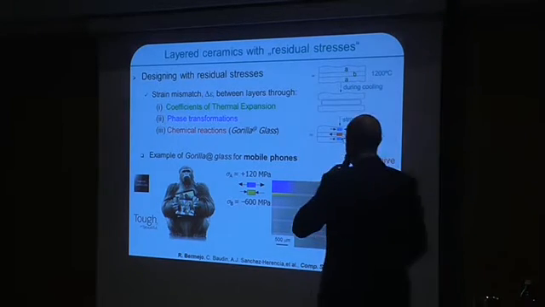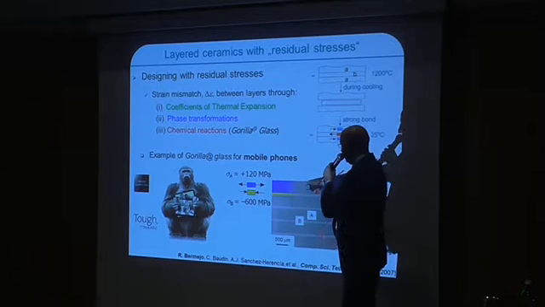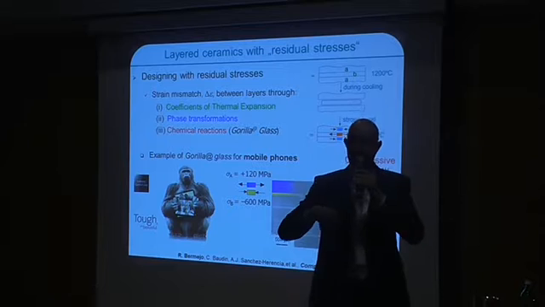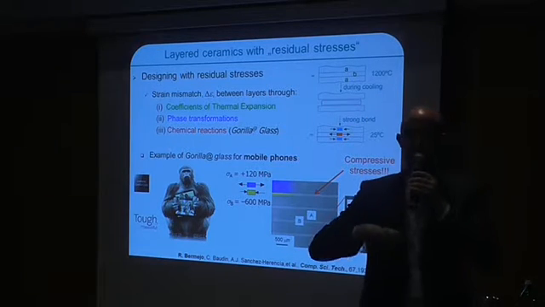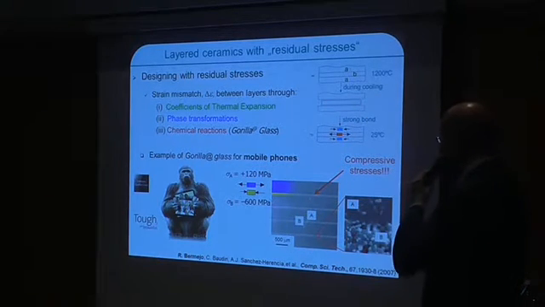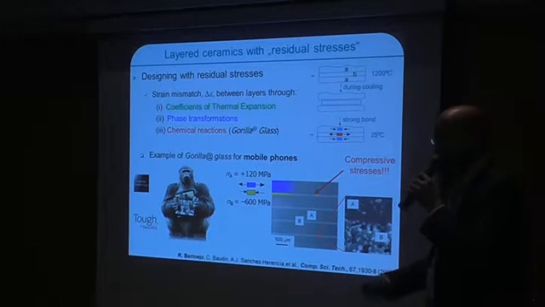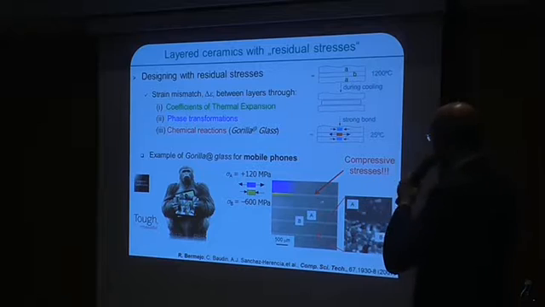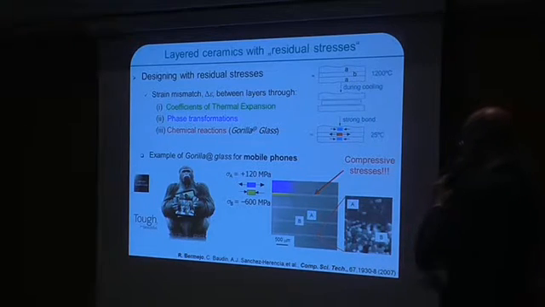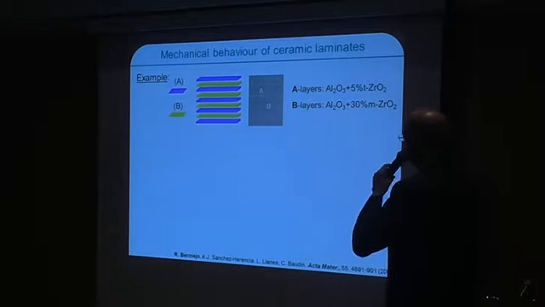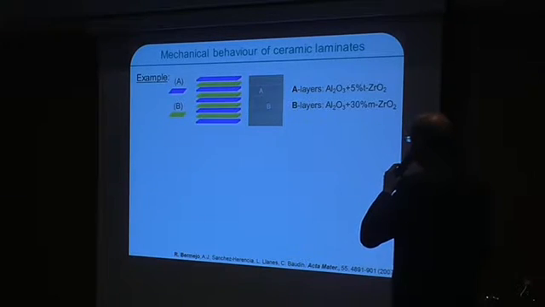So you can imagine in ceramics, the surfaces are very critical. You can have small cracks, defects from handling, polishing, etc. So we want to try to arrest the propagation of these defects and make the material flaw tolerant using these compressive layers. And let me show you just one example of how this system behaves mechanically.